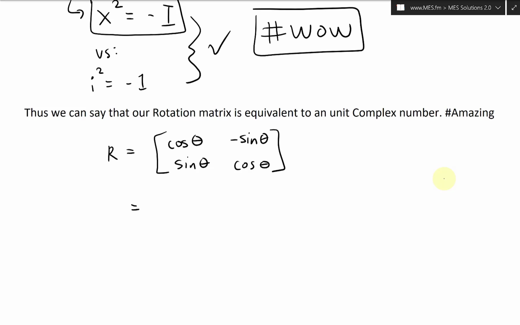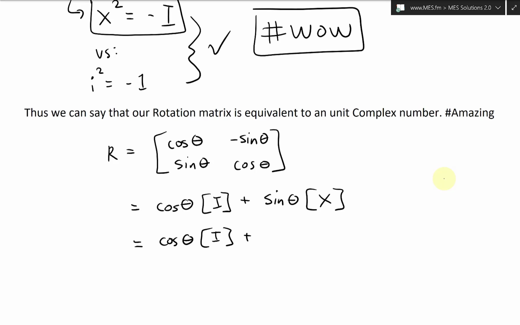We could write it in this format: cosine of theta times the identity matrix I, plus sine theta times the X matrix. Now switch over that X and put this as cosine theta times the identity matrix I plus sine theta times, now we'll call this, I'm going to put this as lowercase i. In other words, it's an imaginary number, but as a matrix.